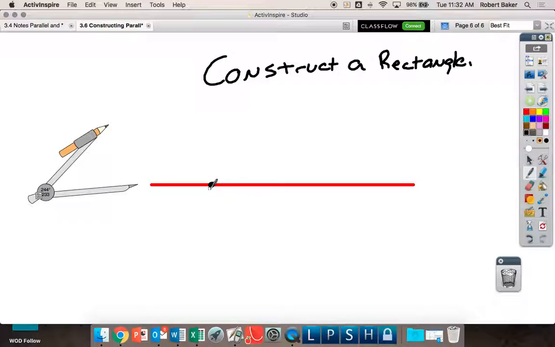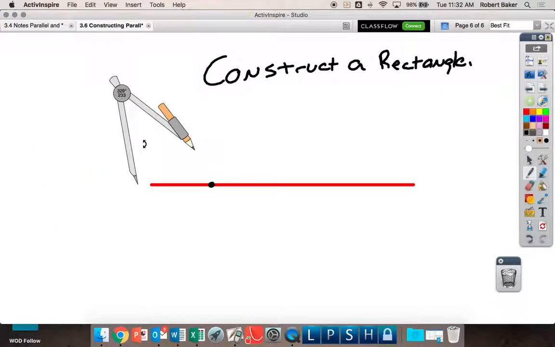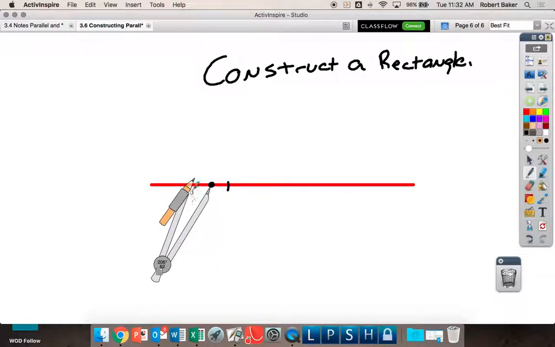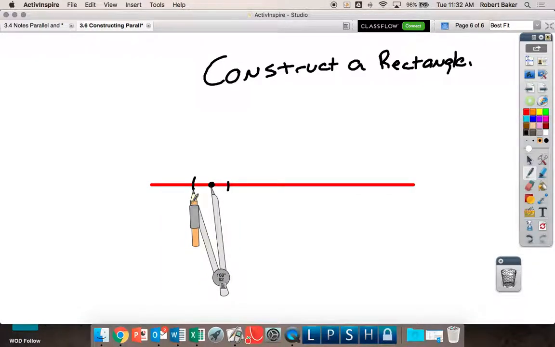Yeah. So I need to construct a line that is perpendicular to this one. Because I put a point there, it's just like your project, right? I need to construct a 90-degree angle. So I'm going to keep it tiny. Point there, just like your project.